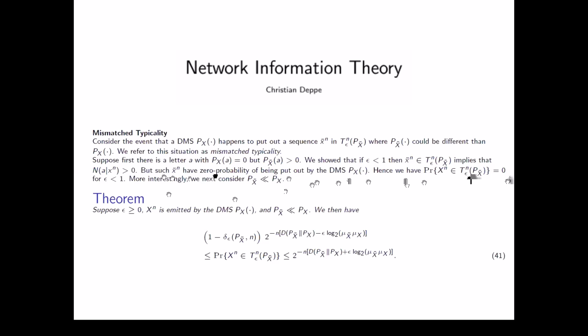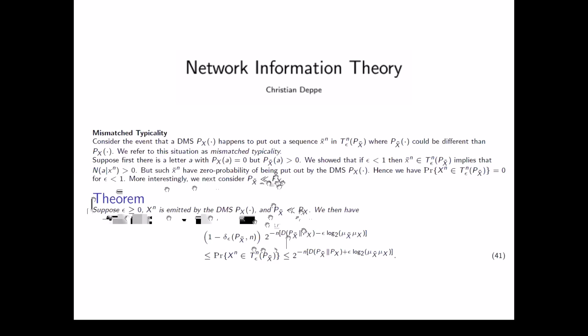So mostly we will consider a probability distribution where we don't have this situation, or a little bit more generally, we look at the situation where Px̃ is covered by Px. That means everywhere where Px̃ is non-zero, Px is also non-zero. So what does the theorem say now? We suppose that epsilon is greater than 0 and x^n is emitted by the discrete memoryless source Px, and we assume that Px̃ is covered by Px.